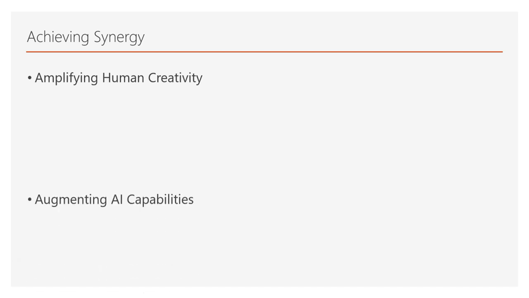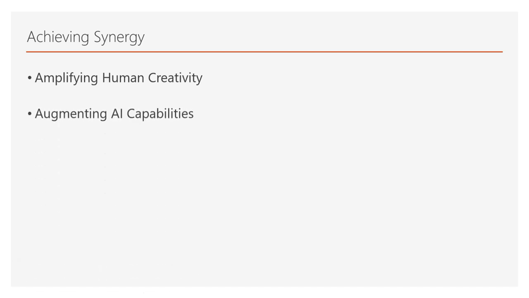Then it comes to augmenting AI capabilities. Human input enhances AI capabilities by providing nuanced context, emotional intelligence, and ethical considerations. This collaboration enables AI systems to better understand complex scenarios and make more informed decisions.